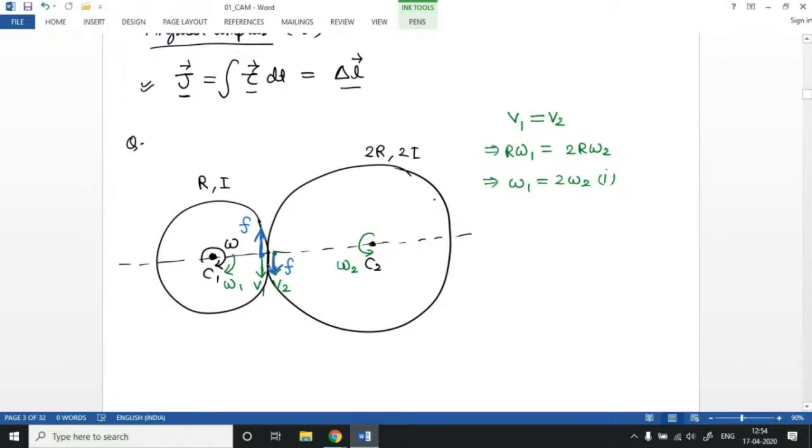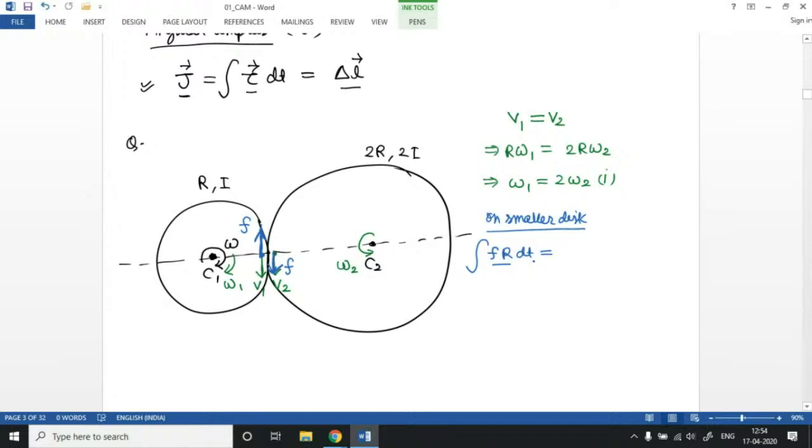If we write the equation on the smaller disk, the angular impulse momentum theorem would be like this: the torque would be F into r. So this is tau, and the integral of tau dt would be nothing but the angular impulse, and that will be equal to the change in angular momentum in the direction of this angular impulse.